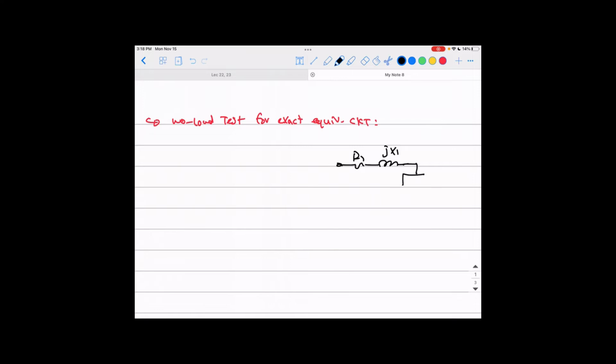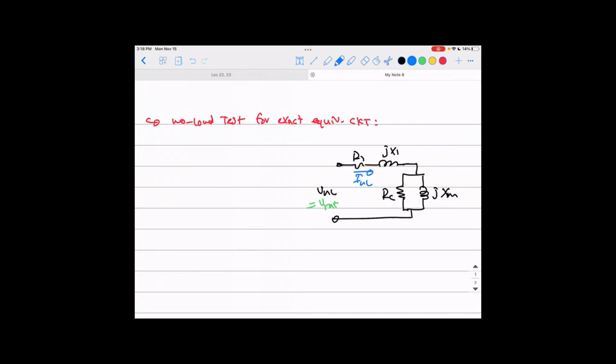And now that is your core representation. Now you have RC and XM, not just XM like in the approximate equivalent circuit. And here is your V no load, which I suppose you know is equal to the rated voltage of the machine. And here is your I no load going here.